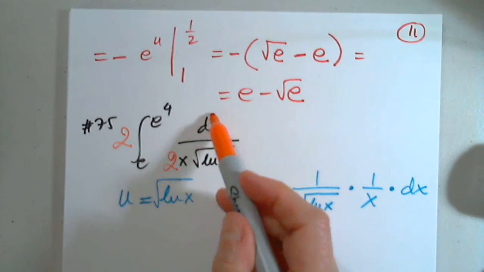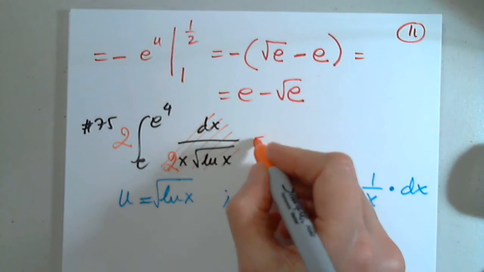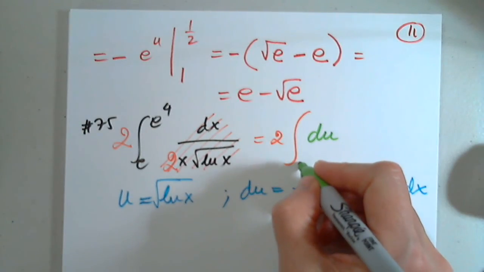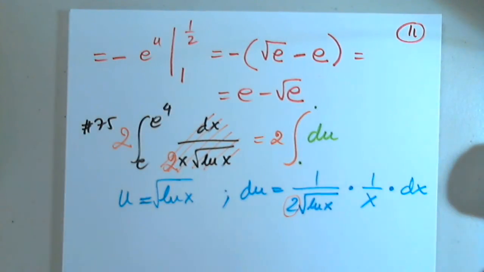So now what do I replace this by? What do you think? It's okay if you're wrong. du, of course. However, I have to determine this, and I cannot continue.